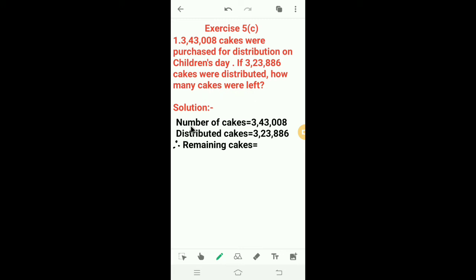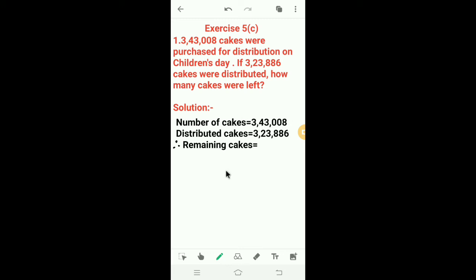Let's see the solution. Number of cakes is equal to 3,43,008. Distributed cakes is equal to 3,23,886. So we have to find out the remaining cakes. So what do we have to do? We have to subtract 3,23,886 from 3,43,008.